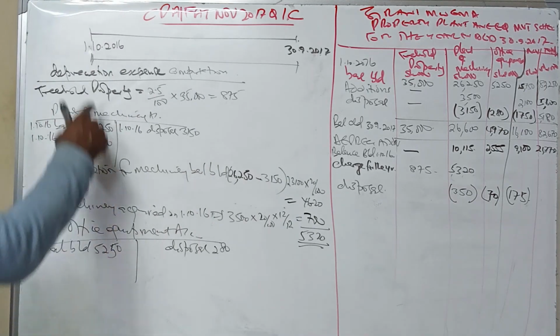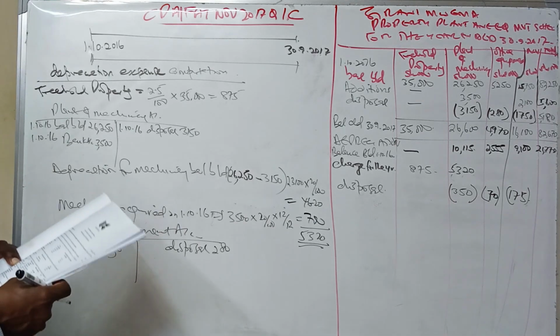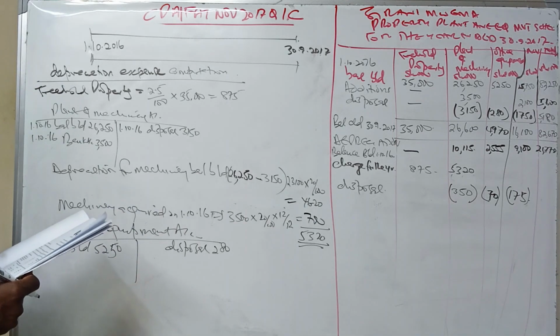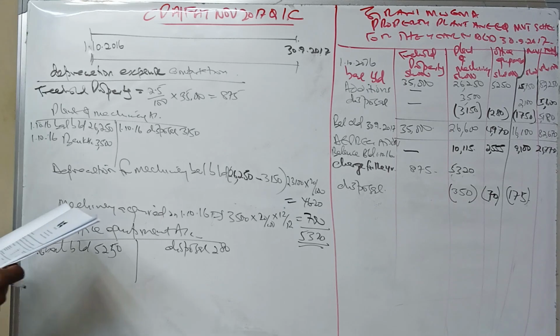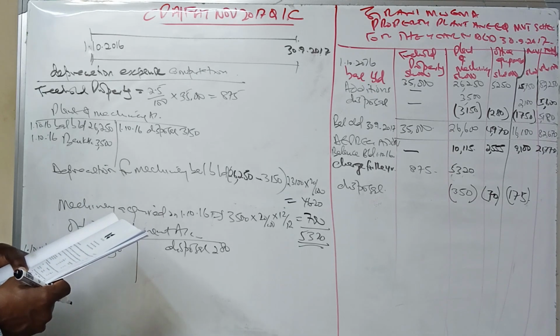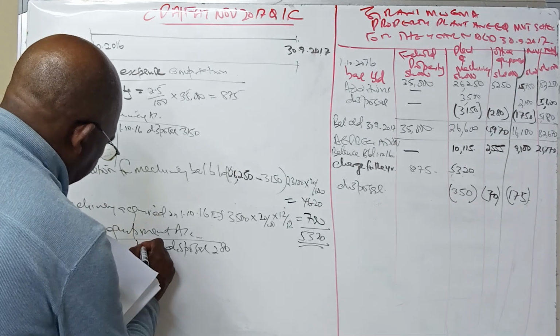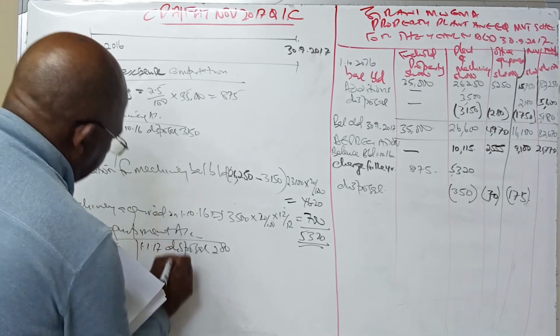We know the balance being brought down is always 1st of October, so that is 1st of October 2016. But we are told our disposal for office equipment is 1st of January 2017.